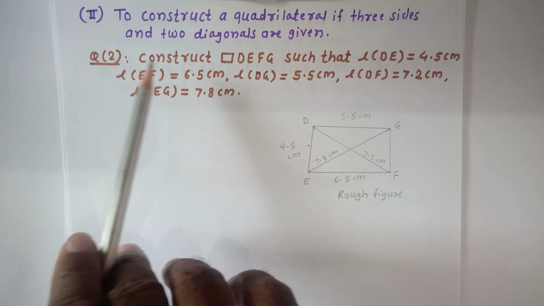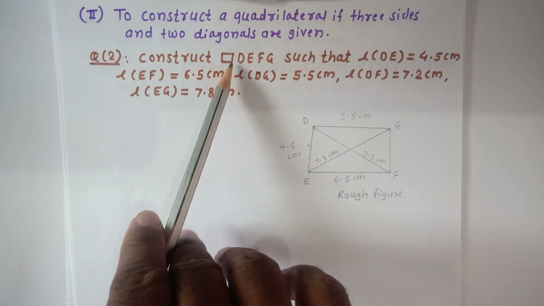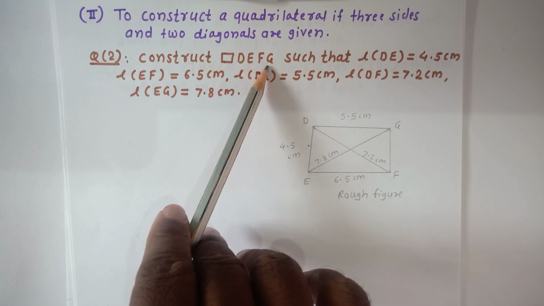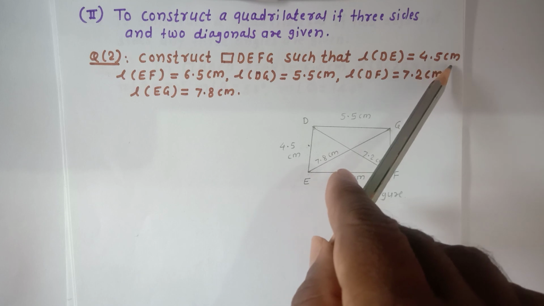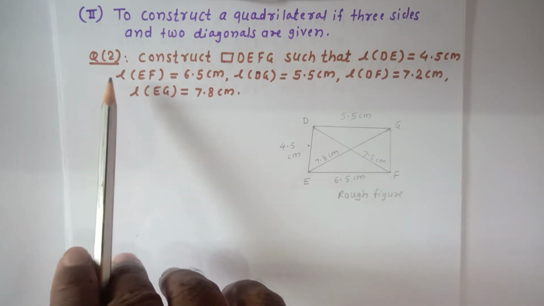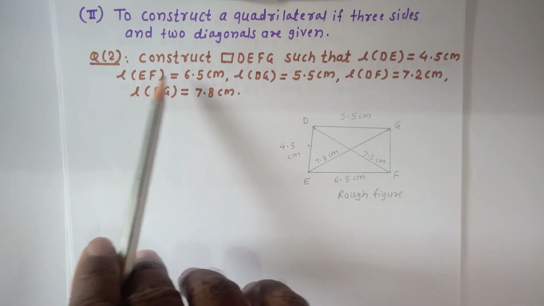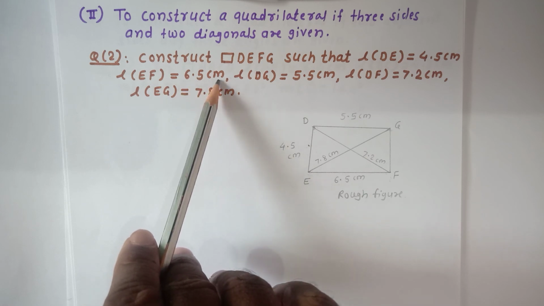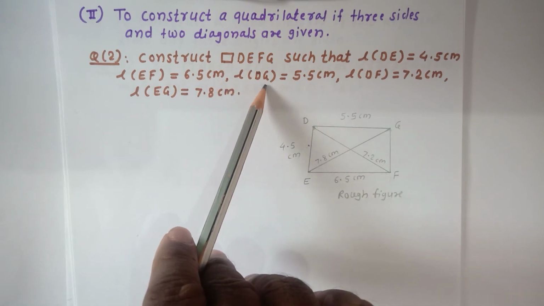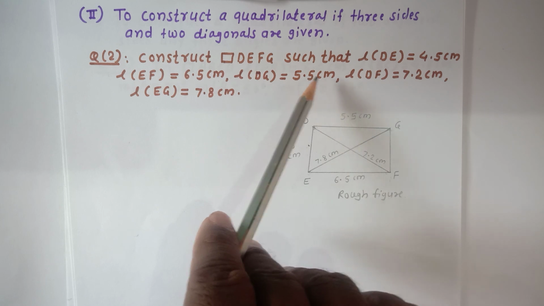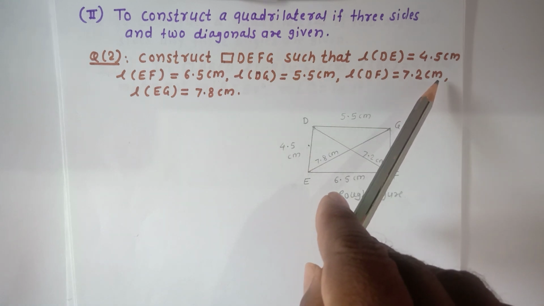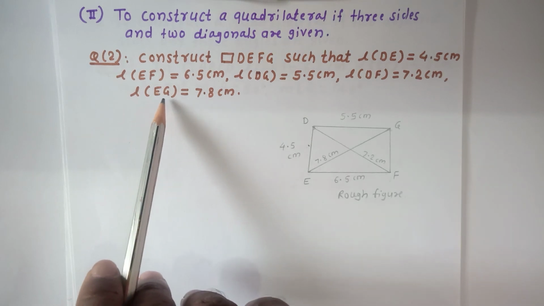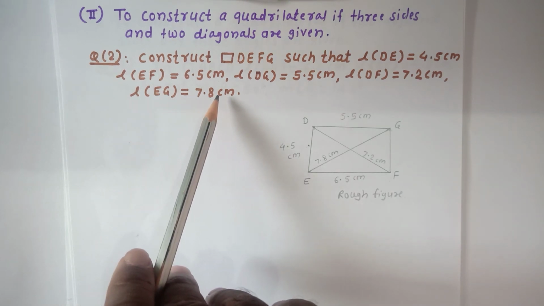Question number 2 is construct quadrilateral DEFG such that length of DE is equal to 4.5 centimeter, length of EF is equal to 6.5 centimeter, length of DG is equal to 5.5 centimeter, length of DF is equal to 7.2 centimeter, length of EG is equal to 7.8 centimeter.